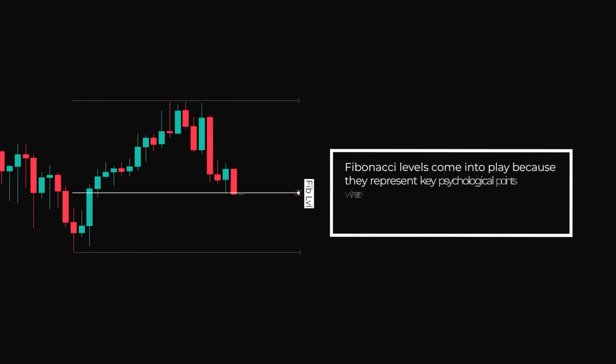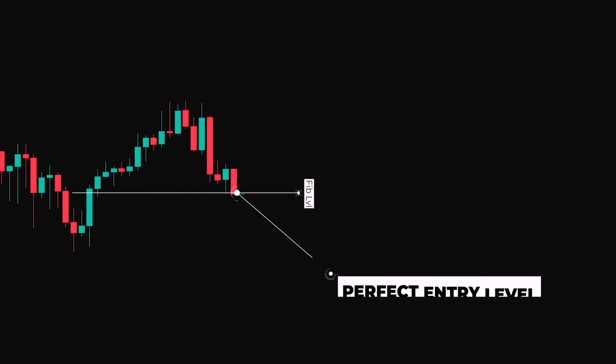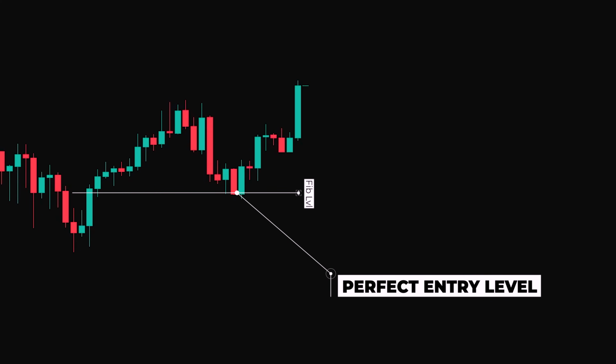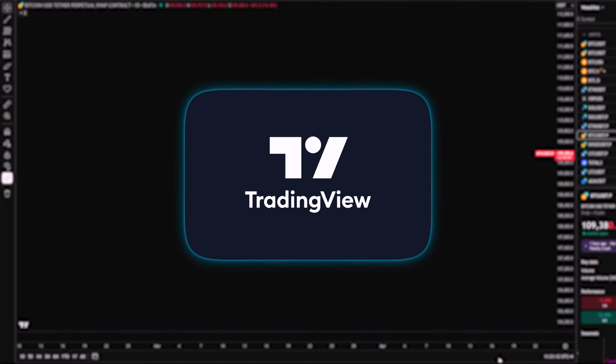Fibonacci levels come into play because they represent key psychological points where traders, both big institutions and retail players, expect the price to pause, reverse, or continue. So, when price approaches these levels, you often see increased buying or selling pressure, making them powerful areas for entries and exits.